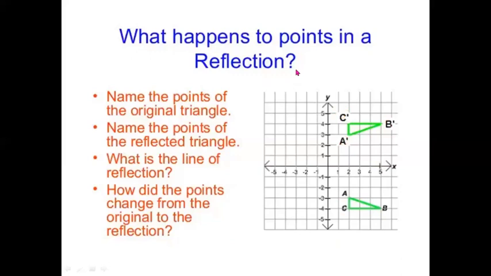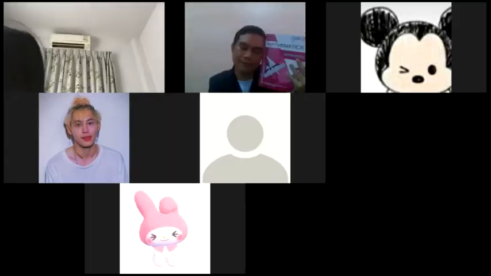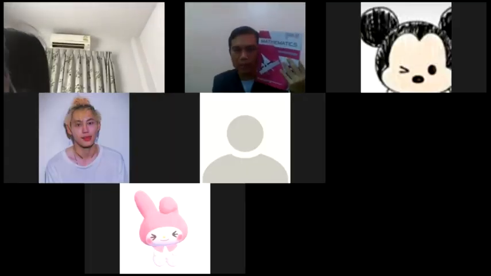Okay, so for our task, please take out your workbook. We have 6 minutes left. Take out your workbook and open to page 94. We will answer only number 1 to 3. Okay, do you have now your workbook?